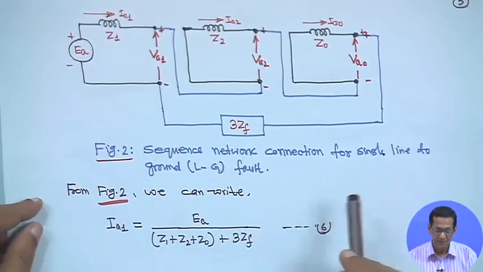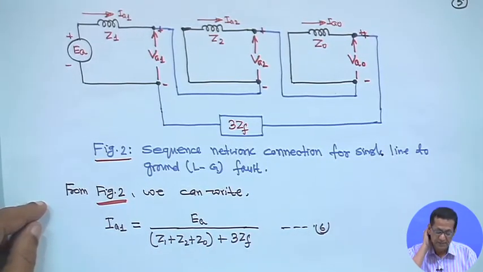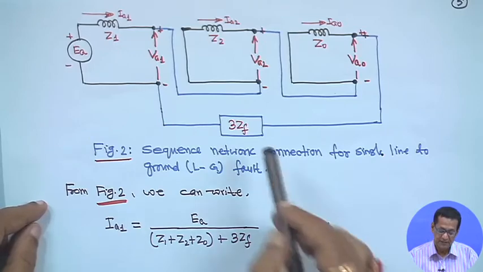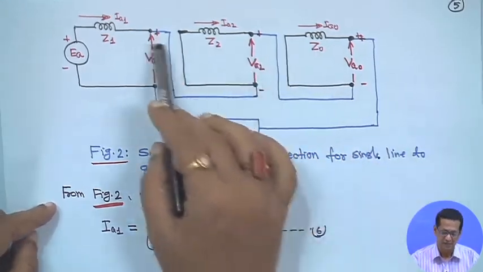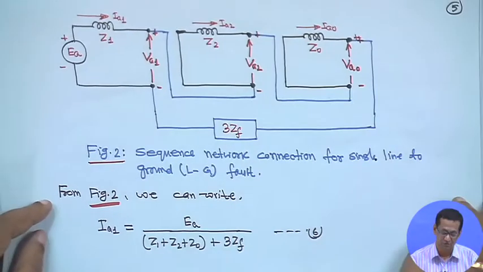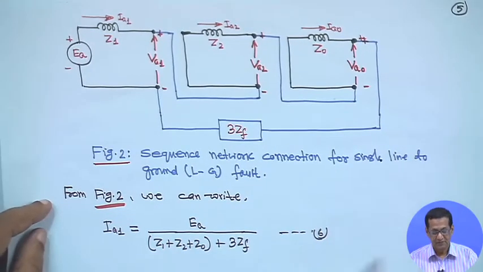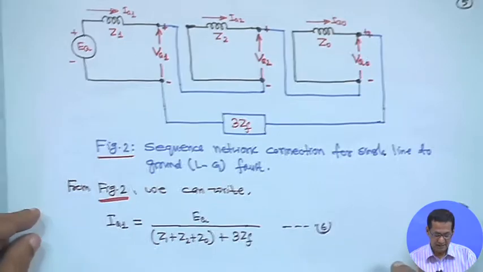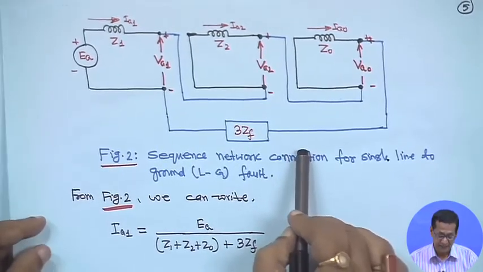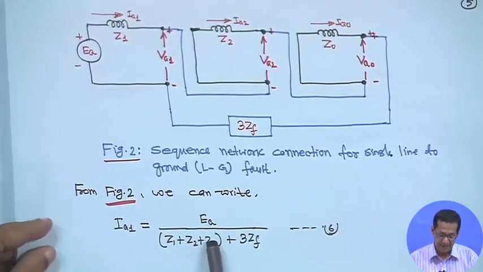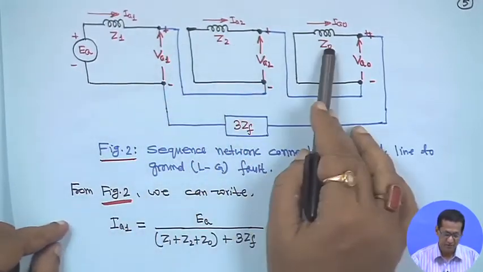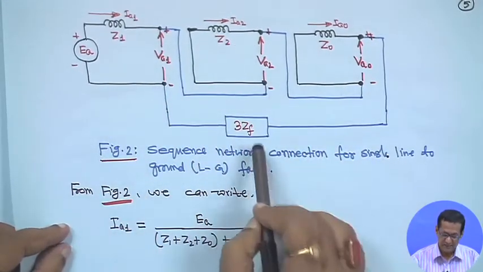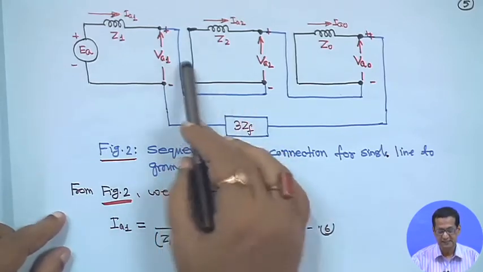So, VA1 plus VA2 plus VA0 is equal to 3 ZF into IA0, because IA1, IA2, IA0 are all equal to 1/3 IA. Now from this figure we can write that IA1 is equal to the voltage EA divided by Z1 plus Z2 plus Z0 plus 3 ZF, because it is a series circuit.